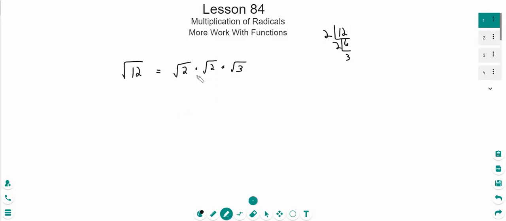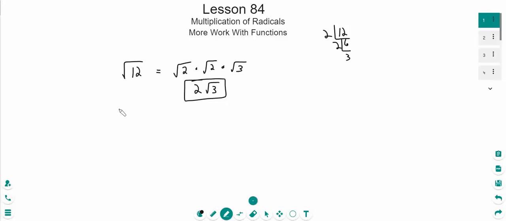And then we can recognize that the square root of 2 times the square root of 2 is simply going to be a 2, right? Anytime we have that, where it's the square root of a number and it's being multiplied by the square root of the same number, we just lose the square root, right? So we have 2 multiplied by the square root of 3. And that would be our simplification for the square root of 12.